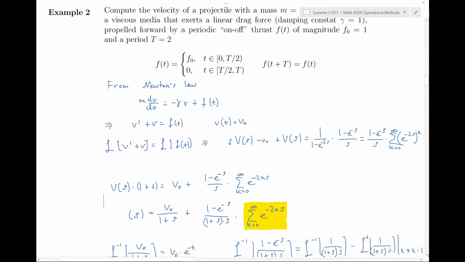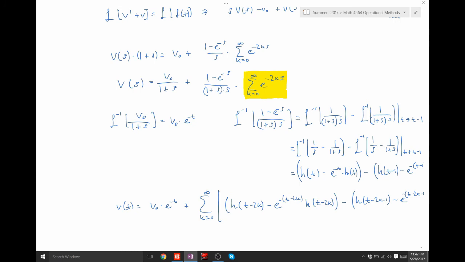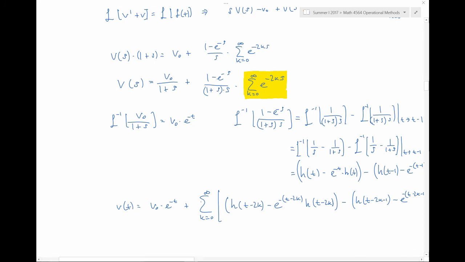Here I find the Laplace transform of the periodic function, and I solve for the Laplace transform of the function v of s. And then I find the Laplace transform of a single period that comes from this big formula. And then what I've done is I took this Laplace transform and I shifted several times, and then I added all the shifts.